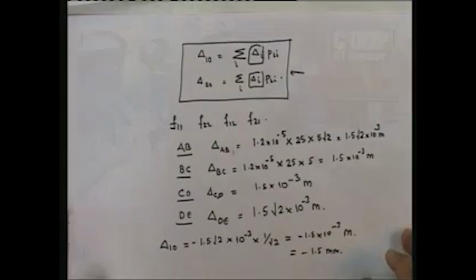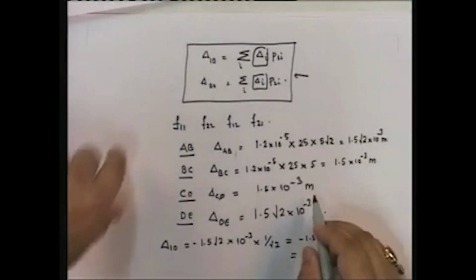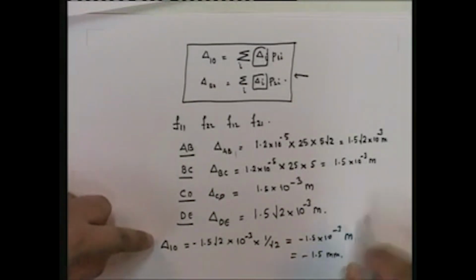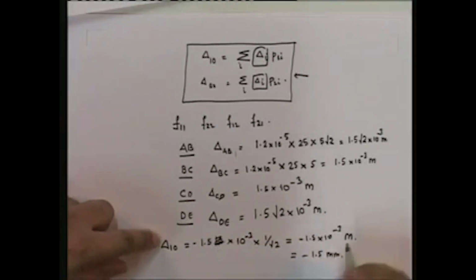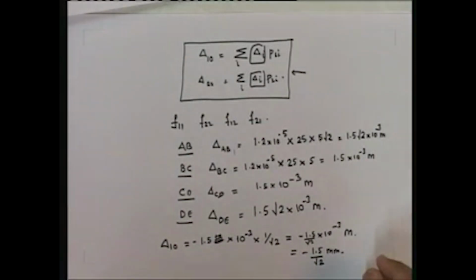Okay. Similarly, we can compute, and here again for P2i, you will see that only CD comes in, and CD has exactly the same concept. Sorry, I have made a mistake here. Delta BC is not 1.5, it is 1.5 over root 2, that's approximately about a millimeter.